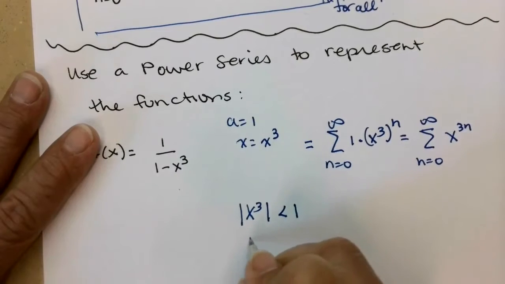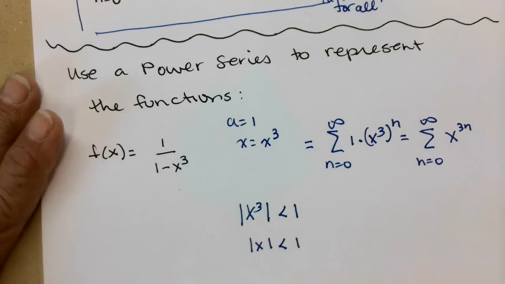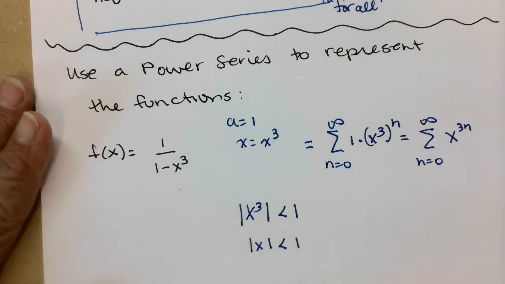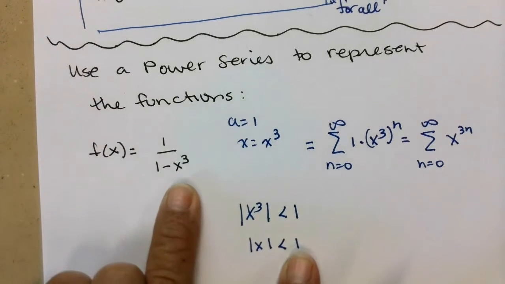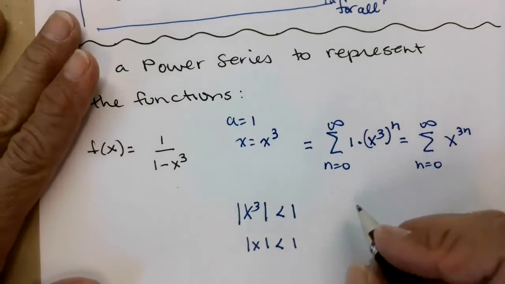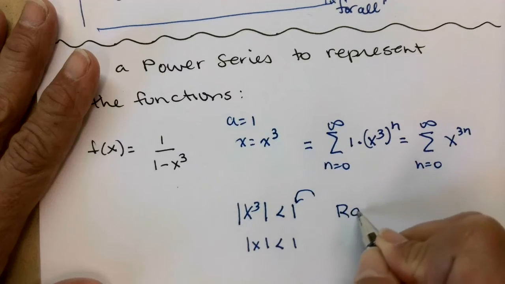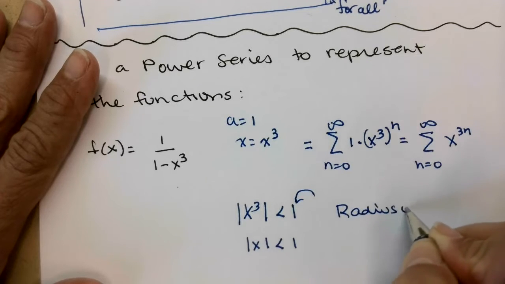And that's going to be true whenever, you can just do the cube root, x is less than 1. And since x can't actually equal 1 because that would cause division by 0, this is my radius of convergence.